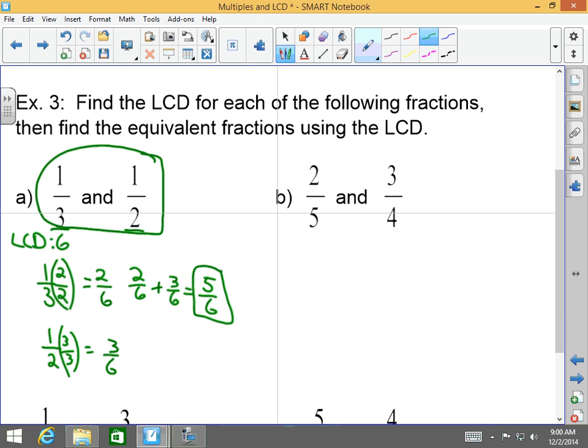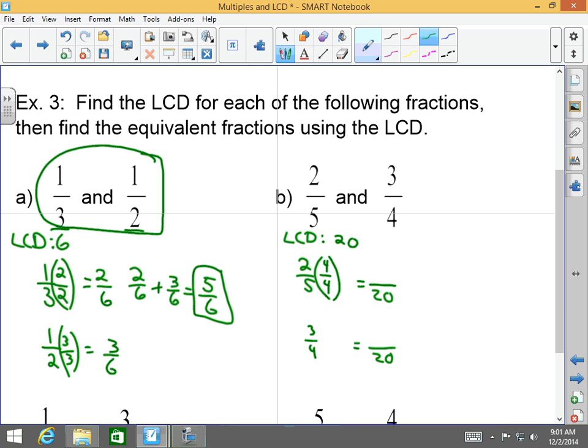Okay, what's the LCD of 2/5 and 3/4? 20. Very good. Now let's convert 2/5 into something over 20, and let's convert 3/4 into something over 20. What did I multiply to the denominator of 5 to get to 20? 4. What do I have to multiply to the numerator?